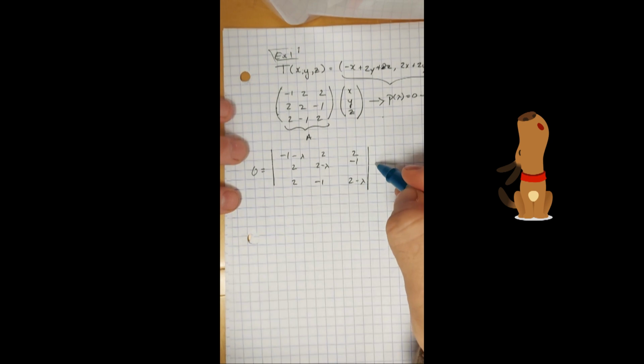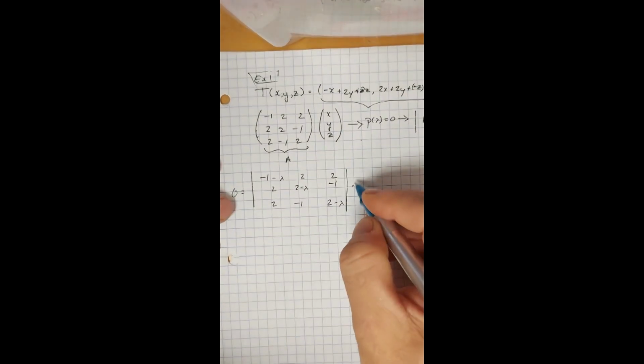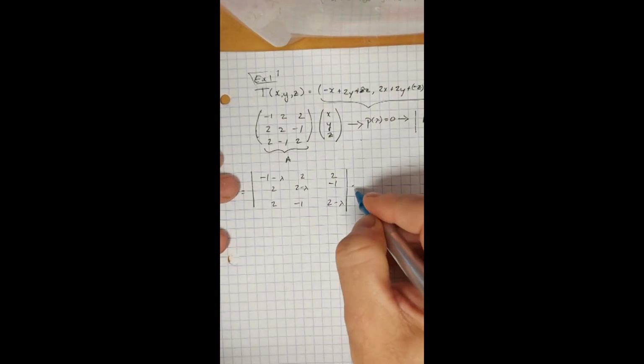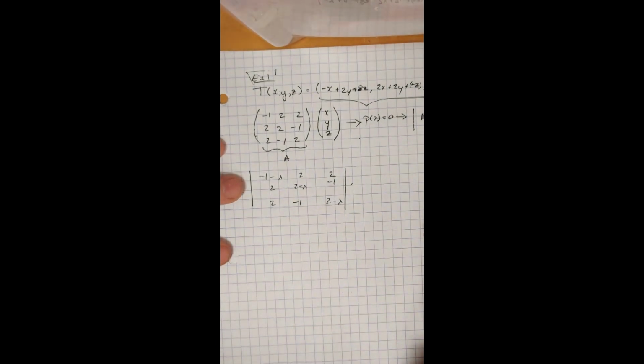Okay, so the determinant of this 3 by 3 is, all right, you can find the determinant a couple different ways. For this 3 by 3 case, you can extend these two rows out and then do the diagonal products.